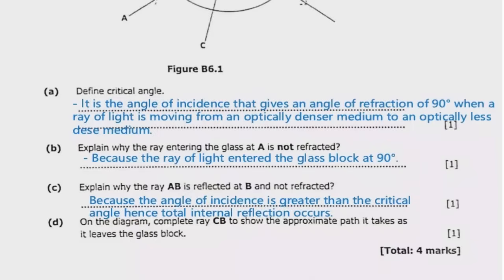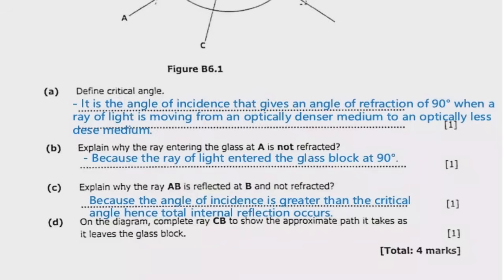So that is the answer to the question: the angle of incidence is greater than the critical angle, hence total internal reflection occurs.